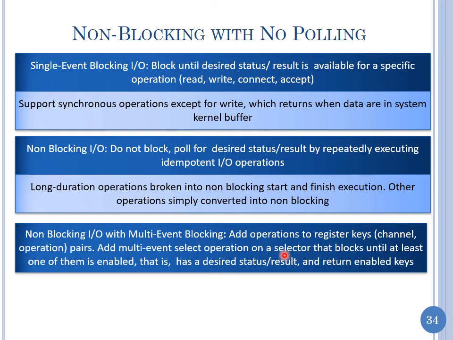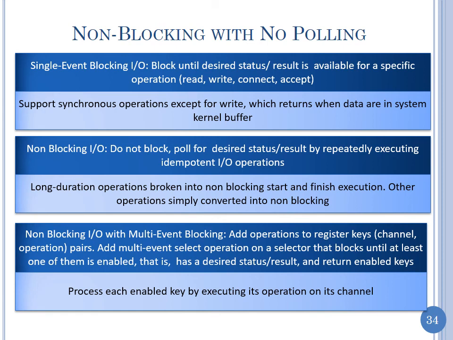And the selector object is associated with channels and operations of interest in those channels. And whenever an operation of interest is executable, then that operation is enabled. So it blocks until at least one of the registered operations is enabled, and tells you which of the registered operations are enabled, through a list of objects called keys.